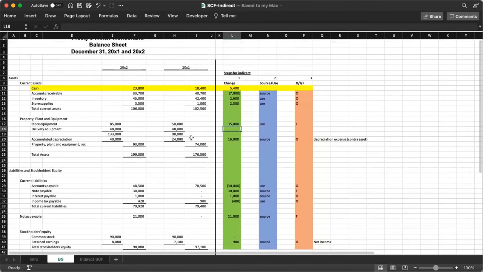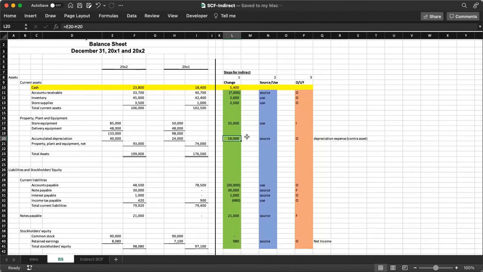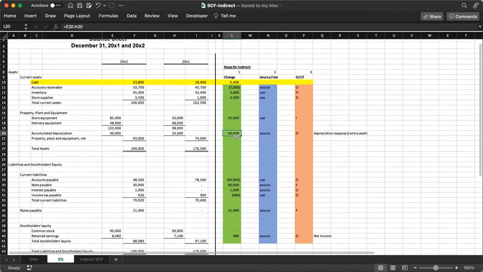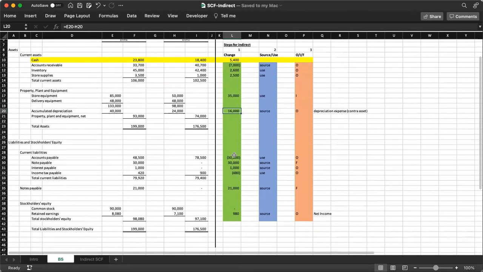Your accumulated depreciation increased, which was your depreciation expense for the year. Your accounts payable decreased. Notes payable decreased, and this is the current portion of notes payable. The long term is noted down here, an increase as well of 21,000.